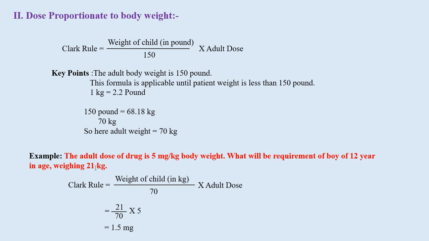If they give the weight, then you should go with Clark's rule. Putting the values in the formula, 21 divided by 70 into 5, which is equal to 1.5 mg. So for the boy aged 12 years and weighing 21 kg, according to Clark's rule, the child dose is 1.5 mg.